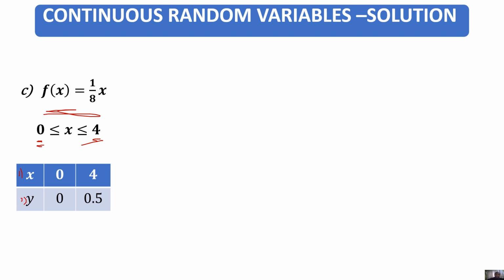If x is equal to 0, we can find the value of y by replacing x by 0 in this function. So f of 0 is equal to 1 over 8 times 0, which is equal to 0. So if x is equal to 0, then y will also be equal to 0. This is the origin. We continue with this. If x is equal to 4, then y is equal to 0.5.